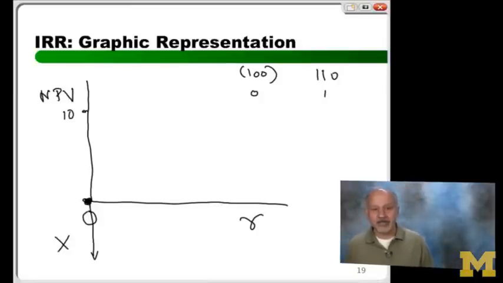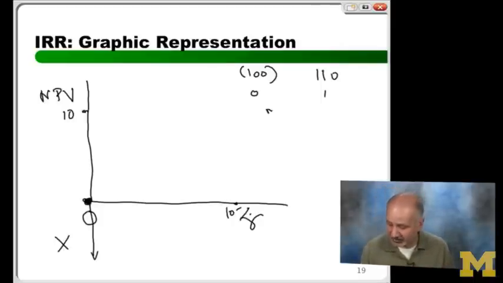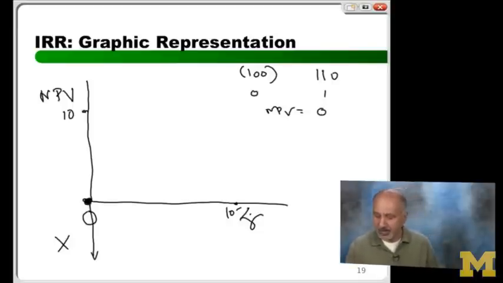Right? But if the discount rate is 10%, what do we know about the NPV of this project? It's 0, because that's the definition. If I use 10%, what is the NPV? 0, because 110 divided by 1.1 minus 100.